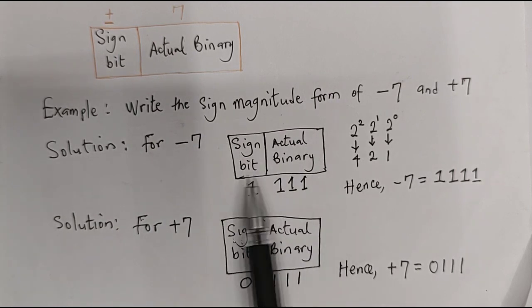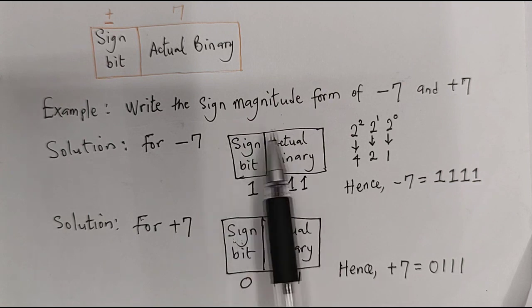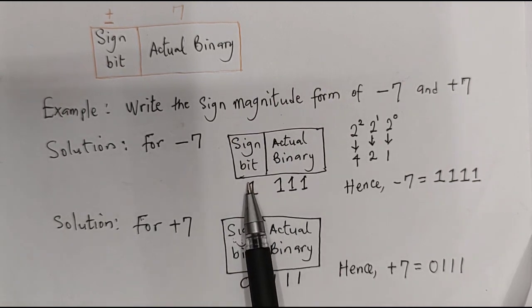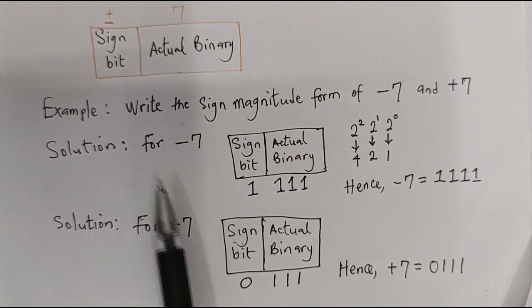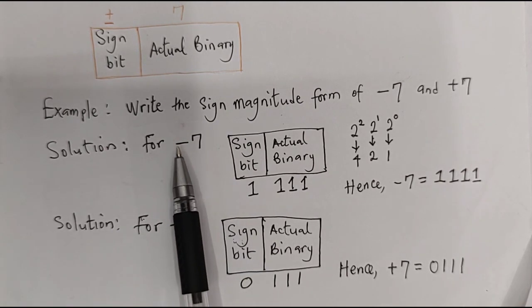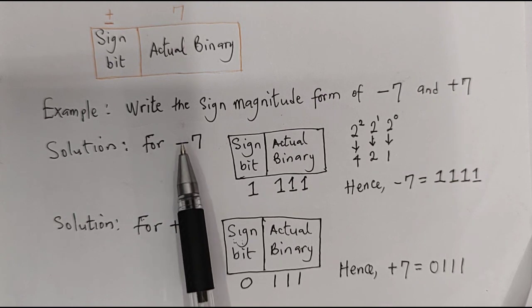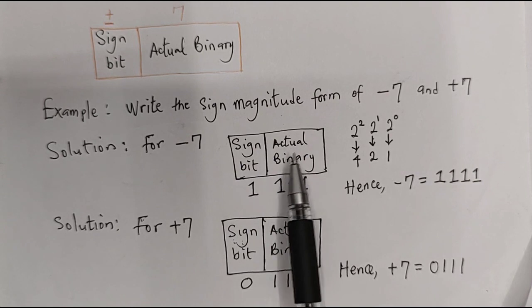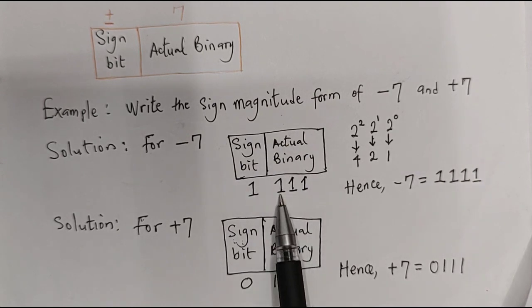All right, so the first thing we need to do, now let's consider for solution, -7. Remember the syntax says you have two columns, you have the signed bit and then you have the actual binary. Remember, we're dealing with -7. The signed bit, the bit representing minus sign in binary is 1. The actual binary for 7 is 111.